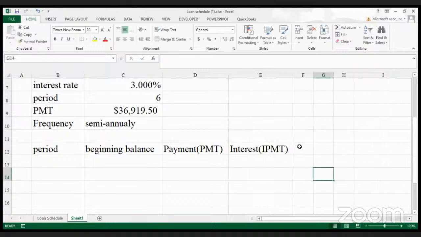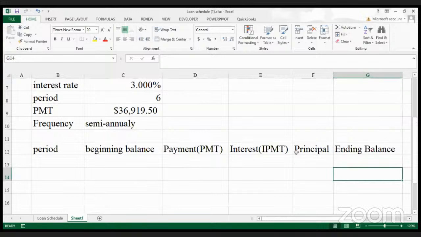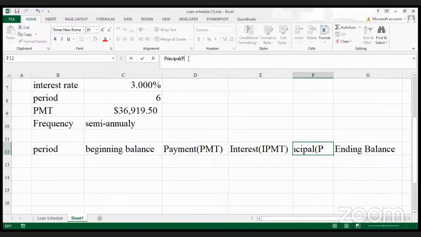And then next, we are going to see the principal amount paid. And then the last one, we are going to look at the ending balance. And the principal, we're going to use what we call the PPMT function to help us get that.